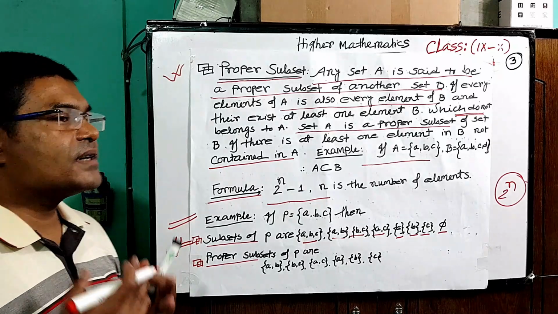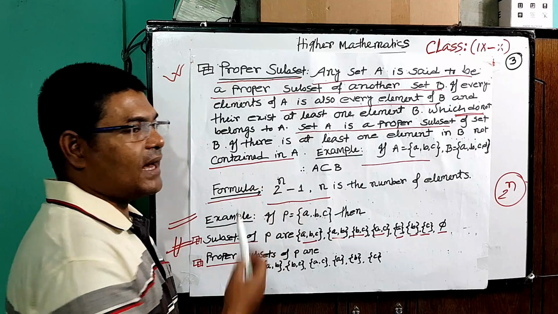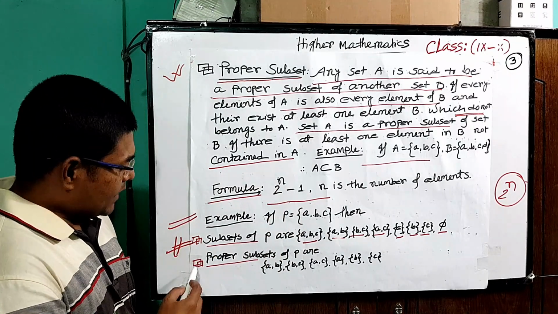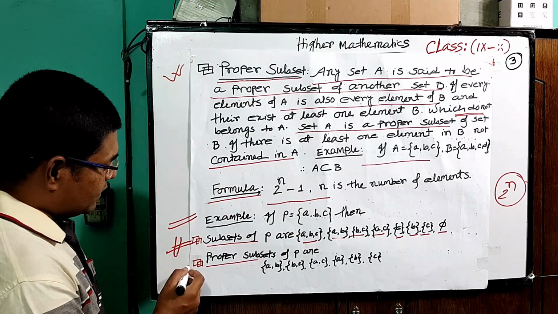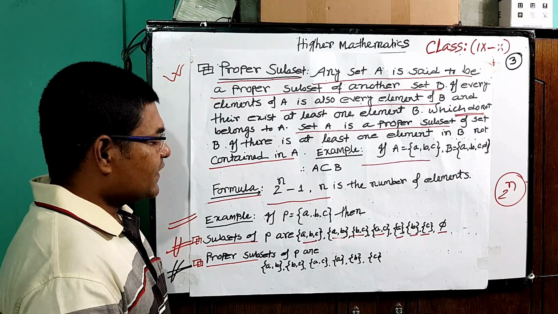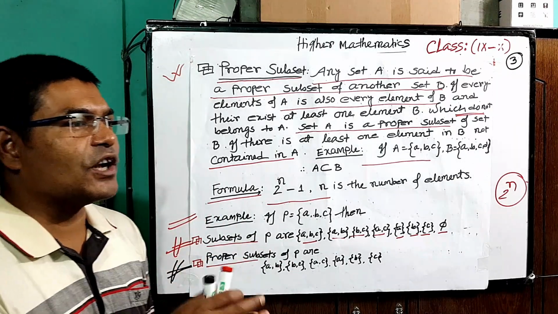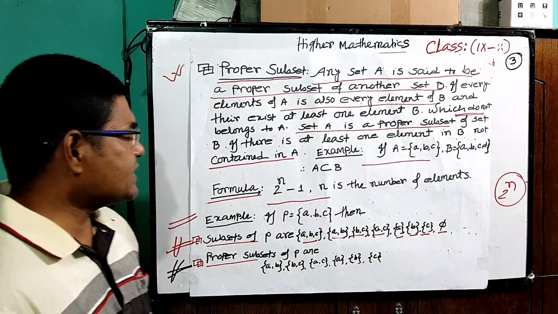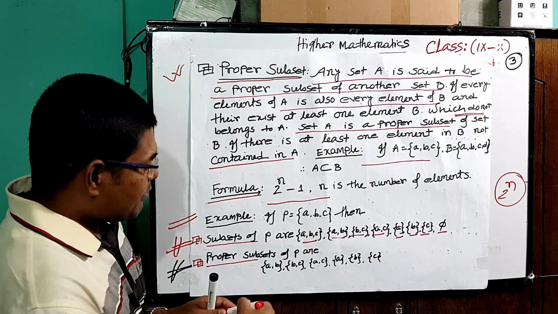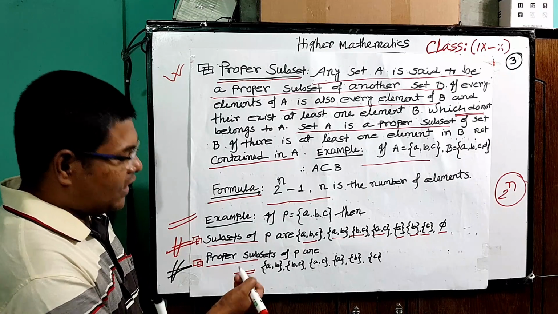What is the rule of proper subset? 2 to the power n minus 1. You can see I have written the proper subset. Please follow: just one element will be missing. One element will not be visible. You can see here is ABC, but here is no ABC.